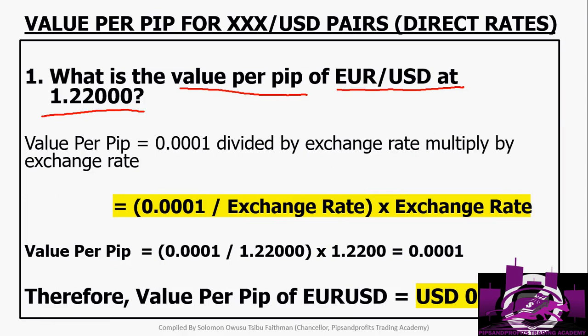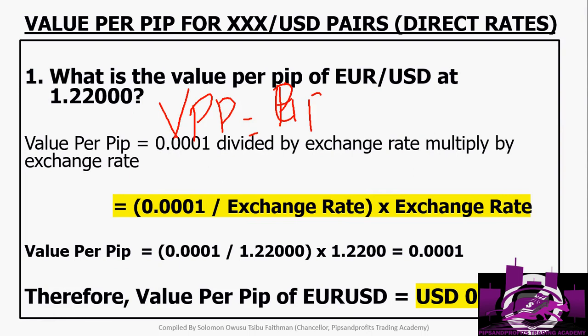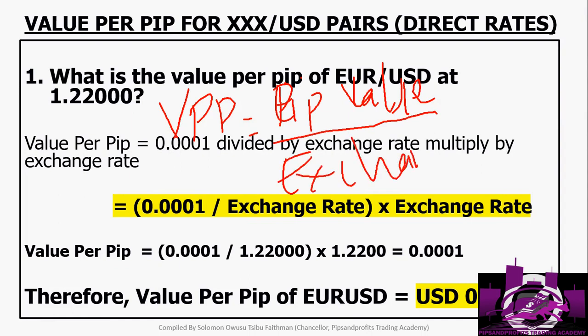We know from our previous lesson that value per pip, let me shorten it to VPP, so VPP is equal to our pip value over our exchange rate. That is the general formula. However, the pair we are talking about, Euro USD, has a direct rate, okay?